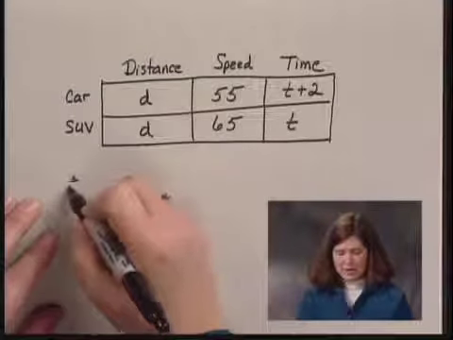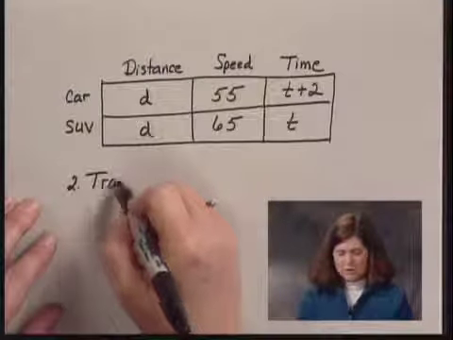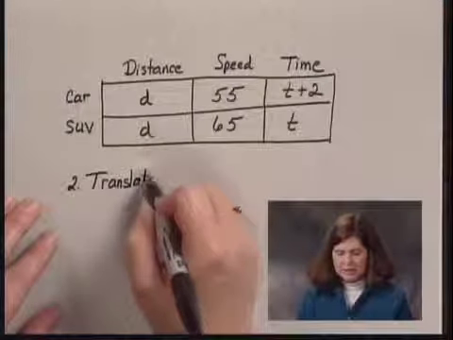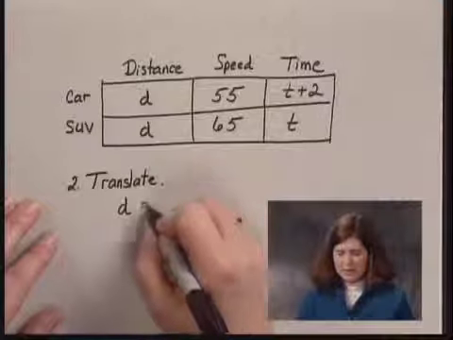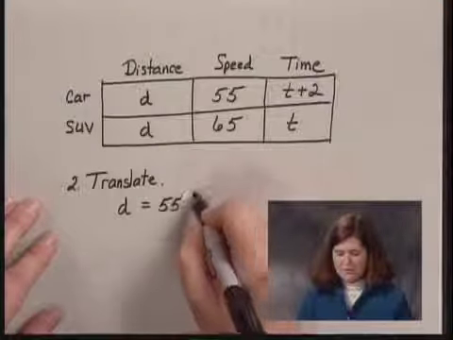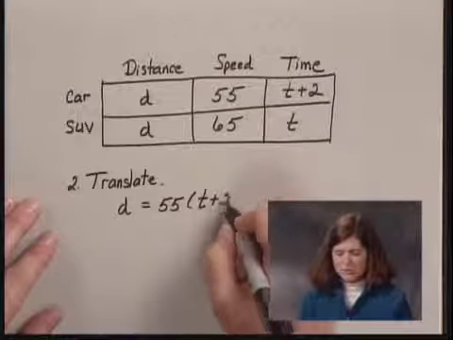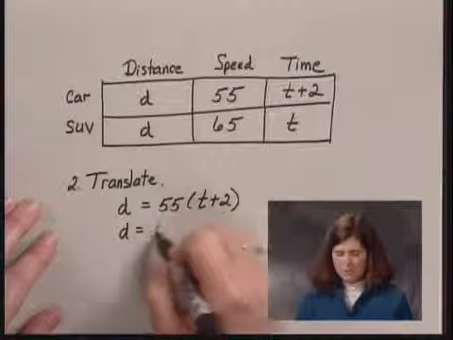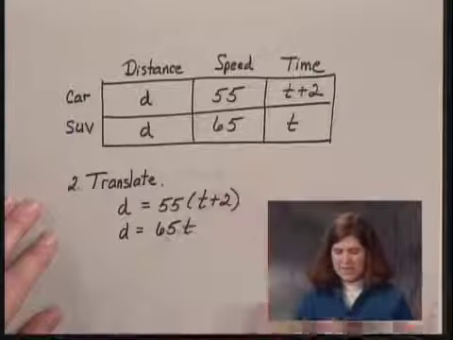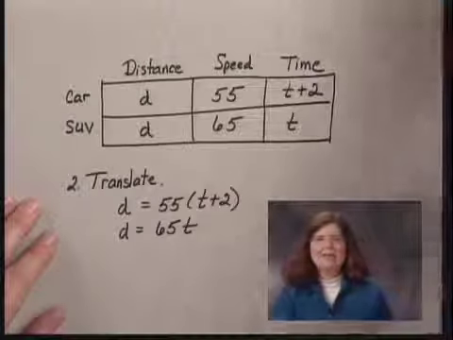So in step 2, translate, I can get two equations. D equals 55 times T plus 2. And I can get a second equation, D equals 65T. Now I'm ready to solve.